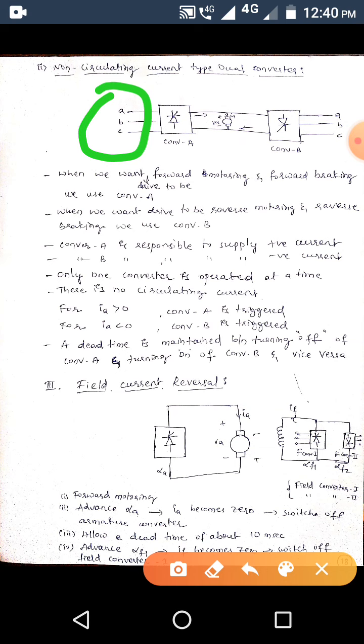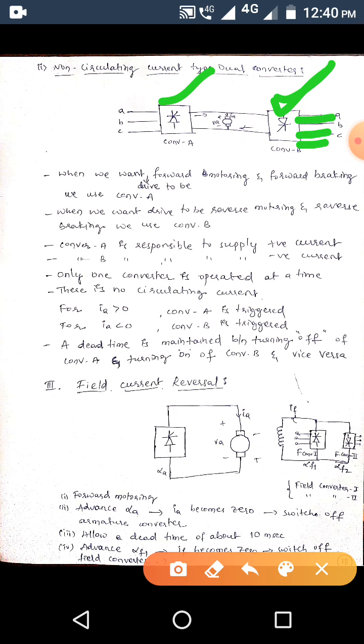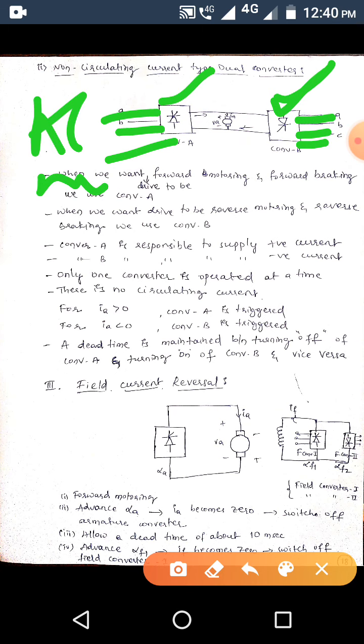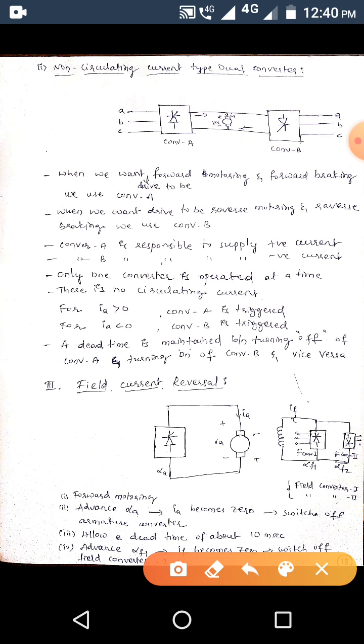Let us draw converter A and converter B. This is converter A and this is converter B, and again here converter B is in reverse order, connected with A, B, C, the AC mains supply. In between these two we have connected the armature, so the armature current flows through it, and the output across the armature will be VA.